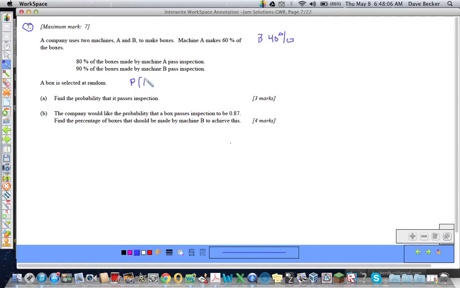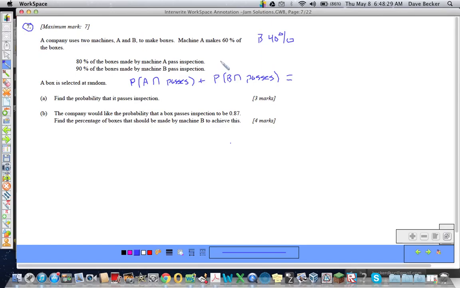Probability of A and that it passes inspection, plus the probability of B and it passes, or intersect. An intersection is just the product of the two probabilities. So this is very simple, very easy.